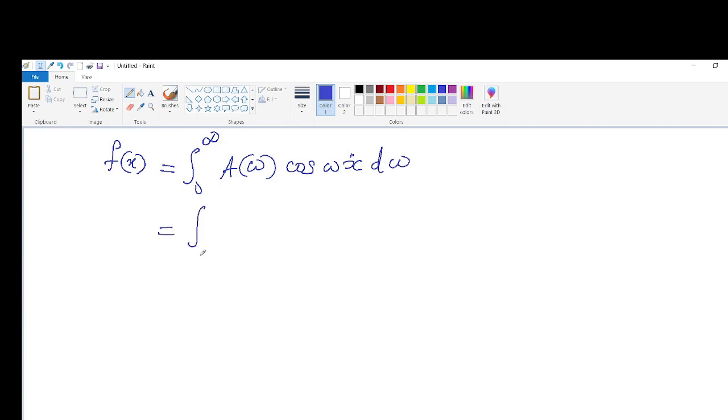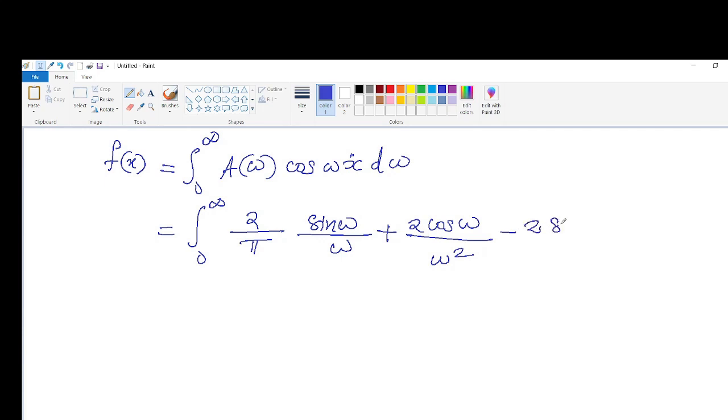So you can substitute the value of A(ω) here: 2/π times sin ω divided by ω plus 2 cos ω divided by ω² minus 2 sin ω divided by ω³, the value we already obtained, then cos ωx dω.